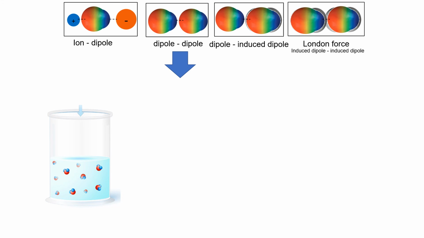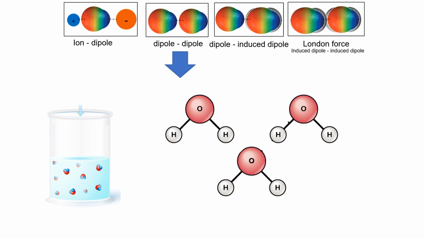The next example is dipole-dipole interaction. Let's consider that water molecules have a dipole. Therefore, these molecules have a negative end and also a positive end. This attraction between the positive ends and negative ends of these dipoles we call dipole-dipole attractions. There is a special dipole-dipole attraction we call the hydrogen bond.